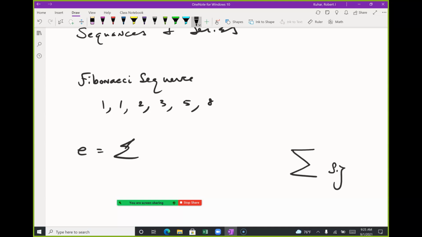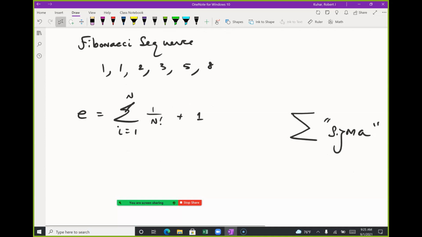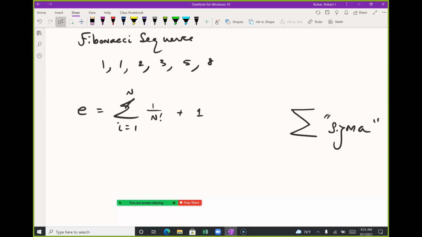This is sigma. So it's the sum, and sigma means sum. We're adding up. So from i equals 1 to, let's say, n, of 1 over i factorial, and then let's add 1 to all of this, right?